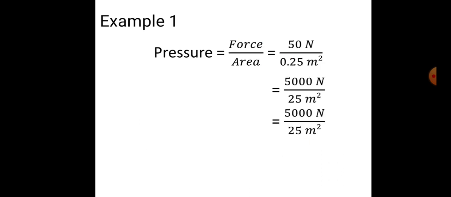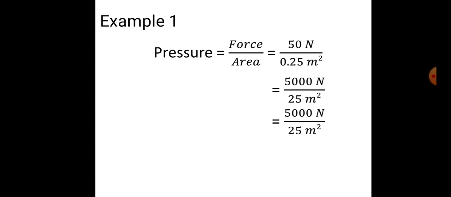Pressure is equal to force upon area, 50 Newton divided by 0.25 meter square. When we remove the decimal point from the denominator, we have to put that number of zeros in the numerator. So we have removed the decimal point from the denominator. That's why the numerator has got 2 more zeros.